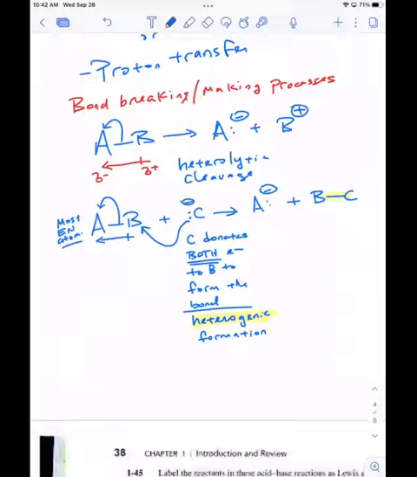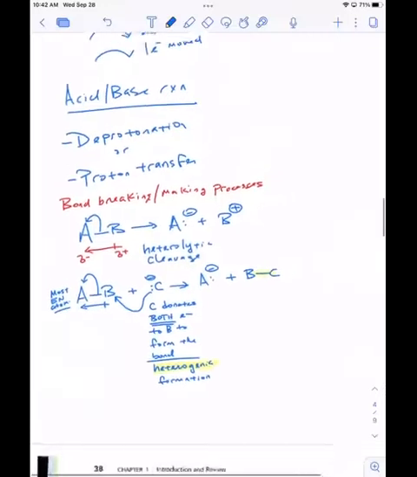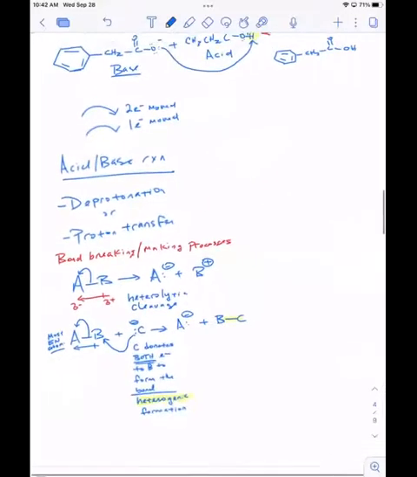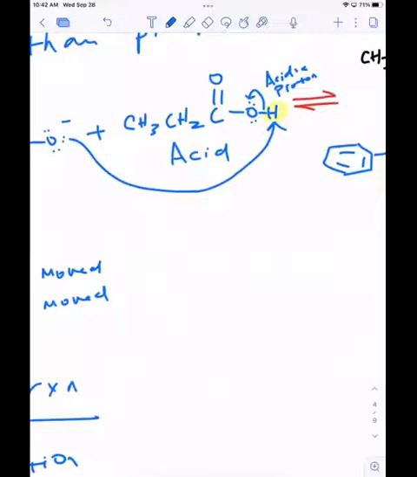All right, so let's go back up to the proton transfer. So what type of bond cleavage is this? You see the OH bond breaking. Why are the electrons going back to oxygen? Let's answer that question based on what we just talked about.